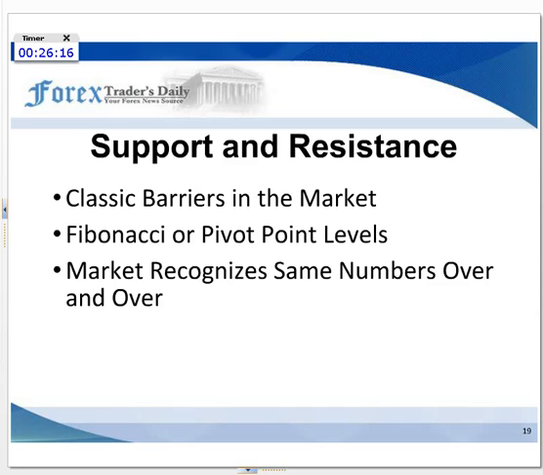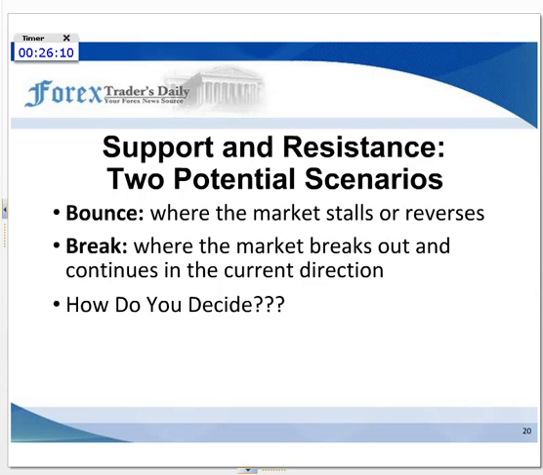So as with any barrier or bump in the market, there are two main potential scenarios with these support and resistance levels or barriers. And these are going to be the key decision points that you will need to recognize when you're deciding whether or not to take a trade. First off, there's a potential bounce point.